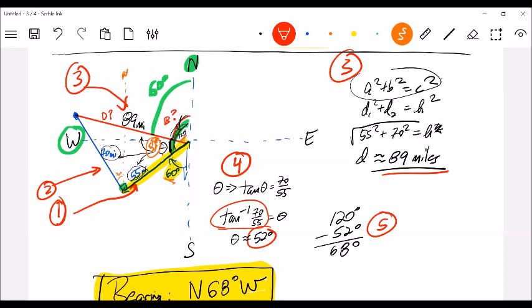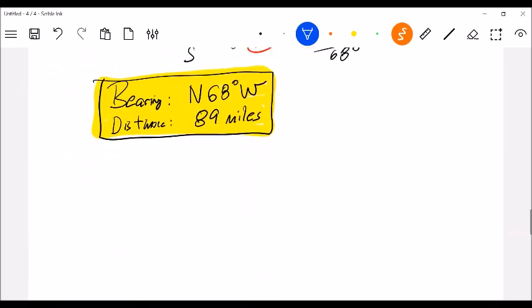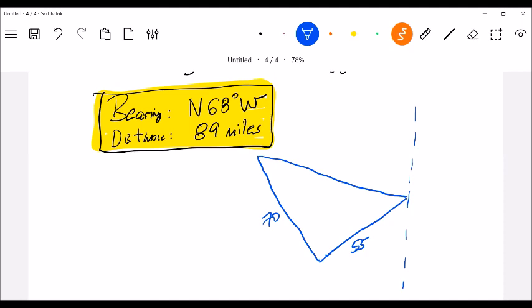Now, in between, it meant recognizing some things. Probably the most complicated was recognizing this. I'm going to take a moment and draw that down here. Those who got this easily, great, I'm glad you did, but not everybody does at first. So I want to go over what was happening here. I have 55, 70. I now know that's 89.